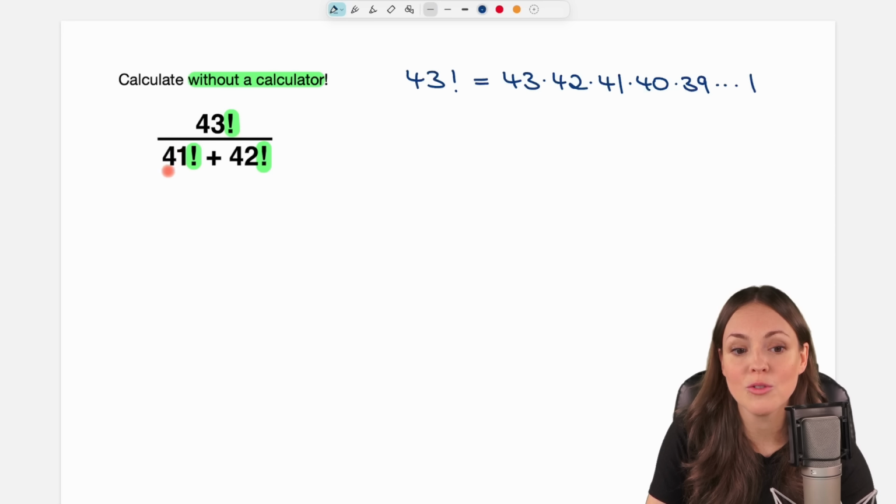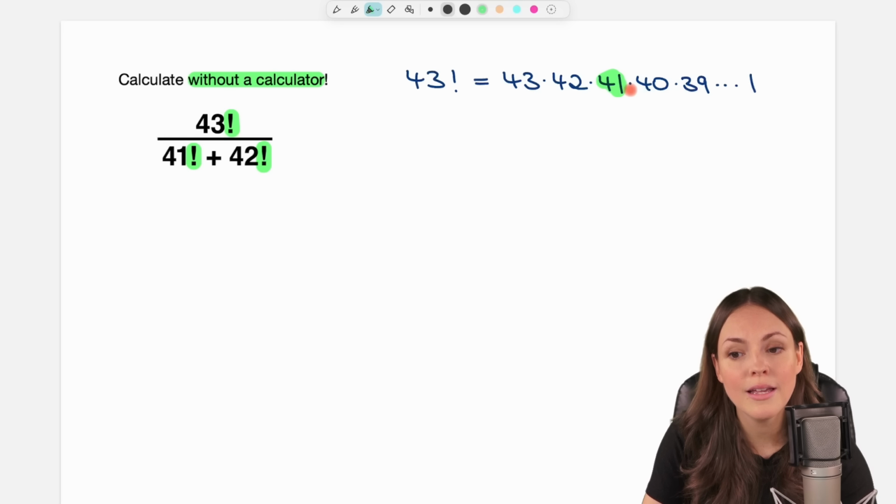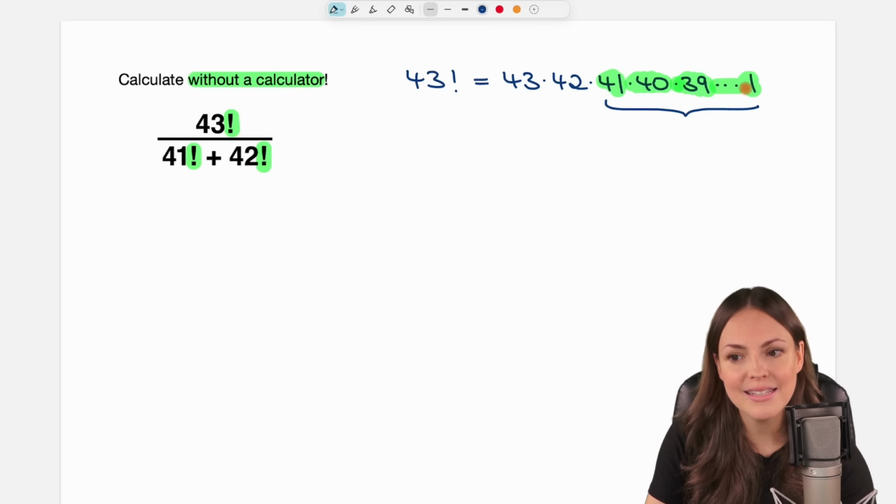You start with this number, with a 41, and you multiply this number by the next smaller number, and you multiply it by the next smaller number, and so on until you get down to the 1. So this part here is actually 41 factorial. Okay, so the 41 factorial is actually a part of the 43 factorial.